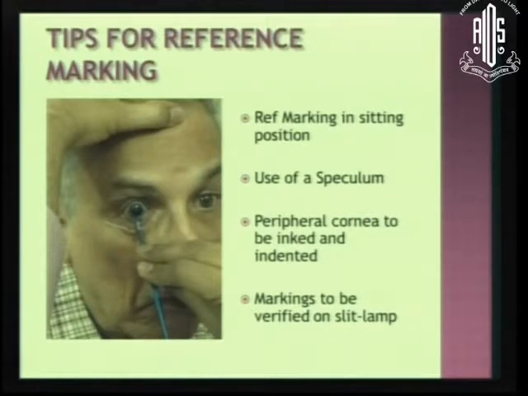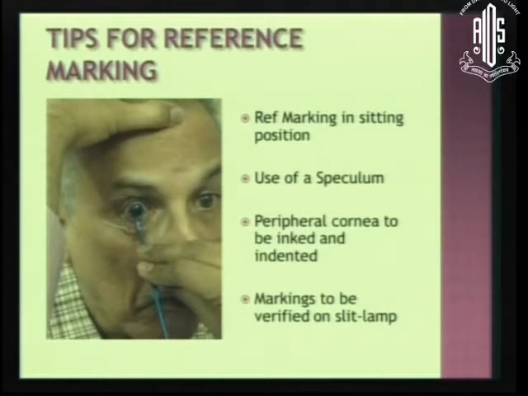And remember that when making the mark, put the mark on the peripheral cornea as well. The mark should cross the limbus and it should be on the cornea as well as the conjunctiva. This is important because the conjunctiva at the limbus is mobile and it can move, and your mark will move, but your corneal mark will not move. And once you have done the marking in the sitting position, patient right in front of you, put the patient on the slit lamp.